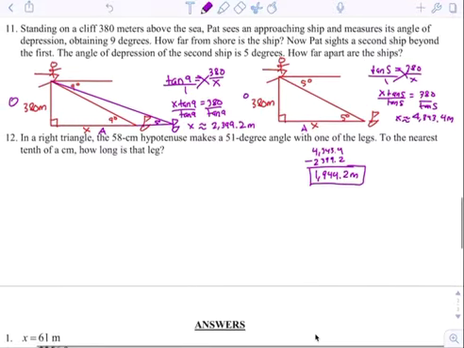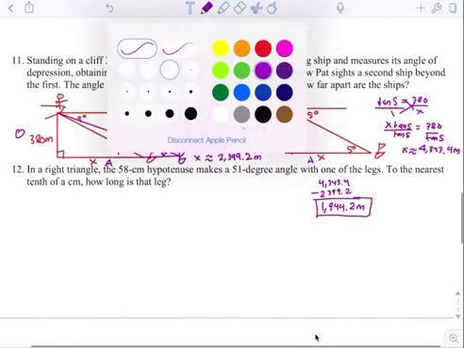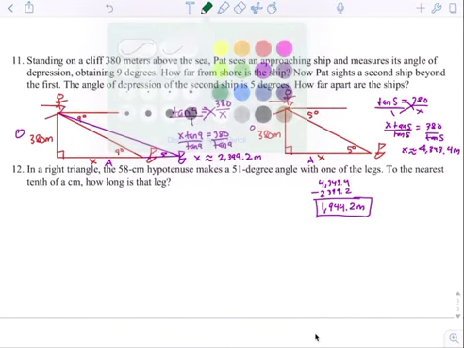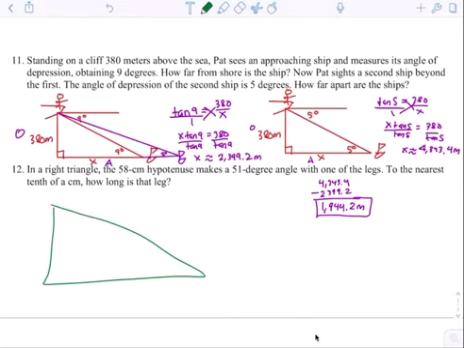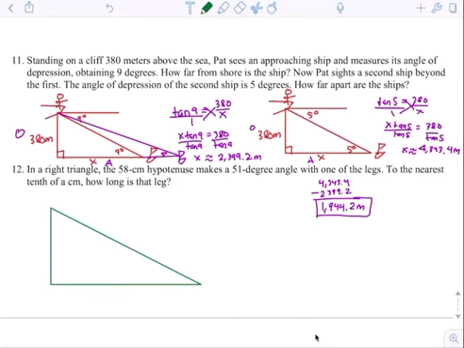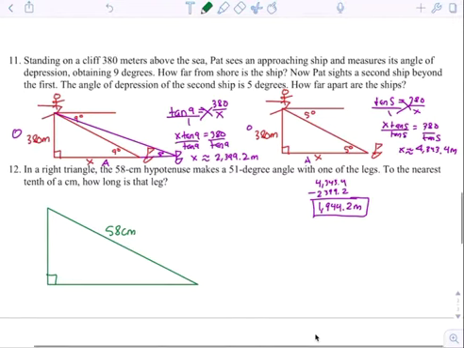Now, last one, number 12. In a right triangle, the hypotenuse is 58 centimeters, makes a 51 degree angle with one of the legs. To the nearest tenth of a centimeter, how long is that leg? This is adjacent and hypotenuse, so we're going to be using cosine.